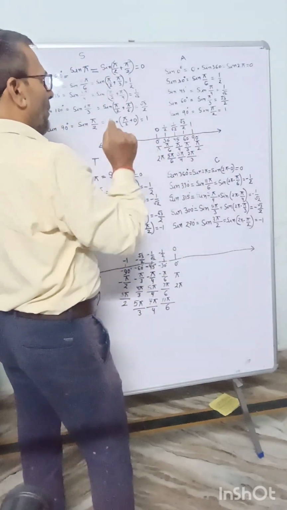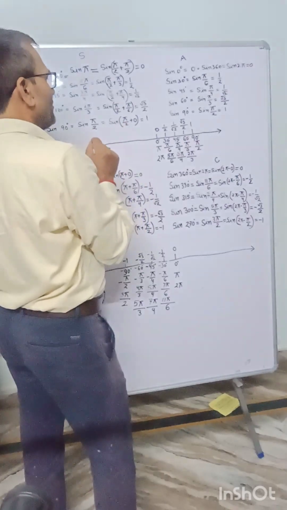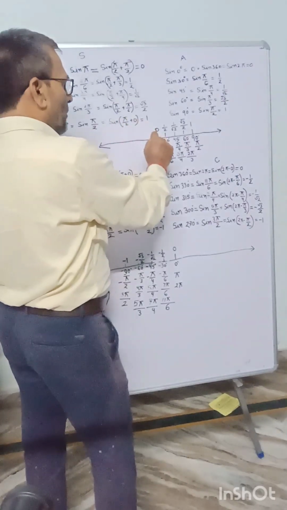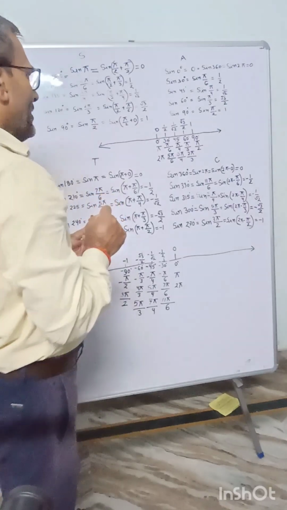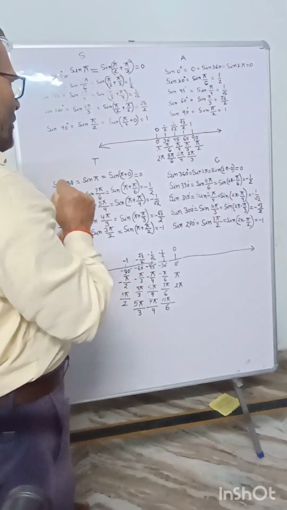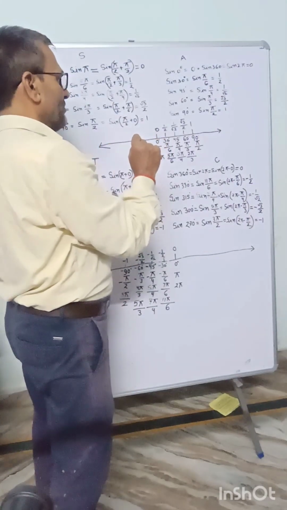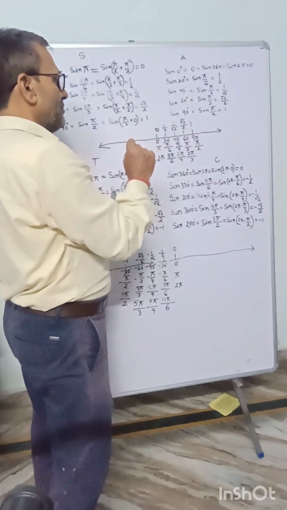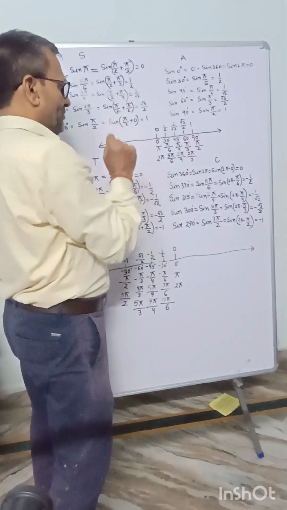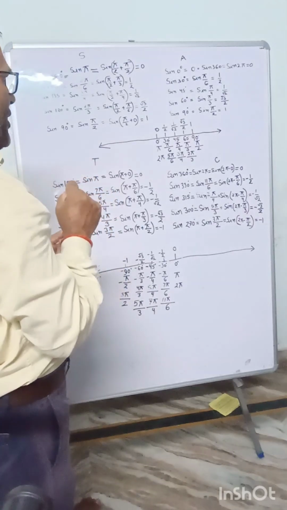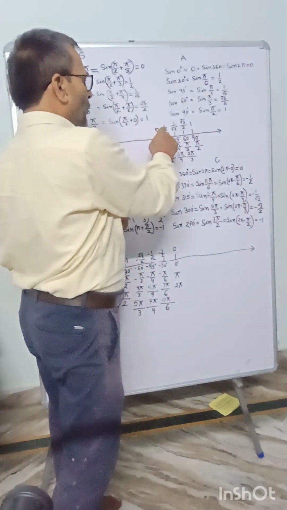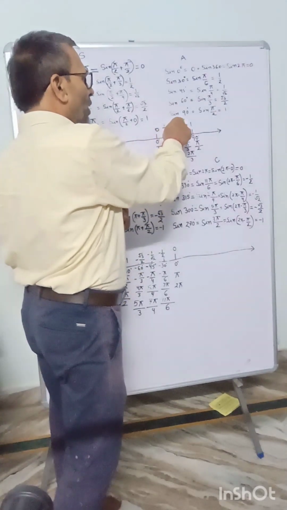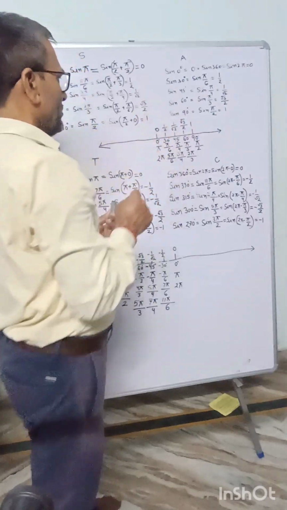Values in first and second quadrant, we find that they are gradually increasing and these values are positive. That is 0, 1 by 2, 1 by under root 2, under root 3 by 2 and 1.